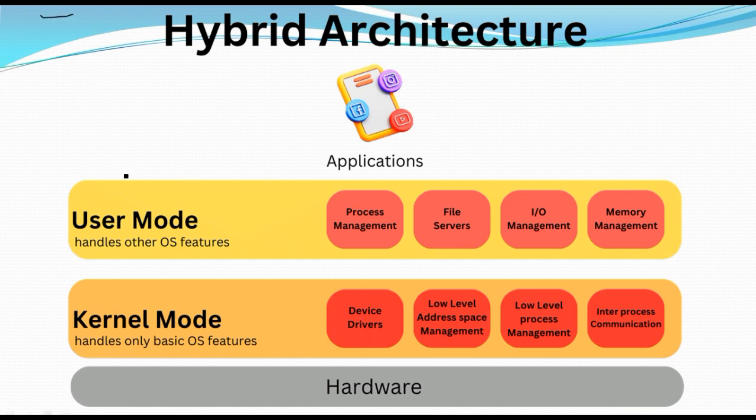The user mode handles the other operating system features like process management, file server, IO management and memory management, whereas the kernel mode handles only the basic features of the operating system like device drivers, low level address space management, low level process management, inter process communication, etc. So these are the basic operating system features which are handled by the kernel mode. The rest of the operating system features are handled by the user mode.